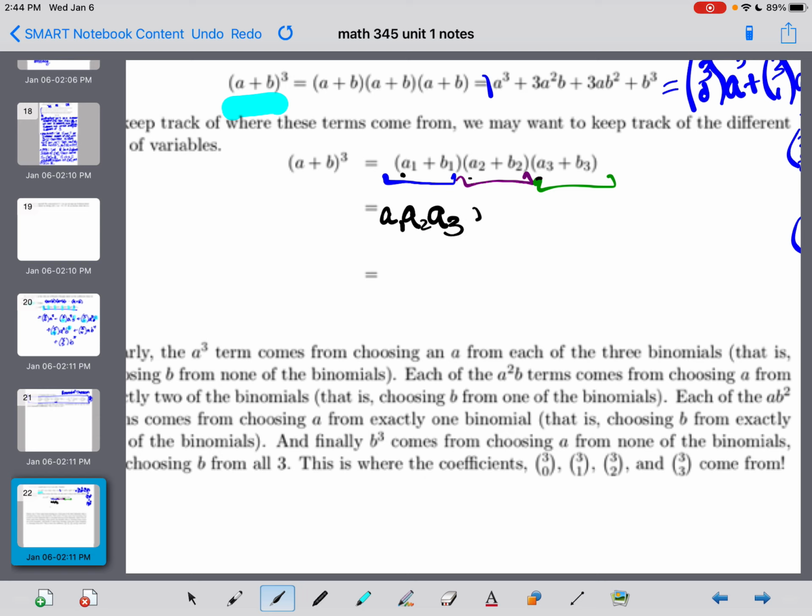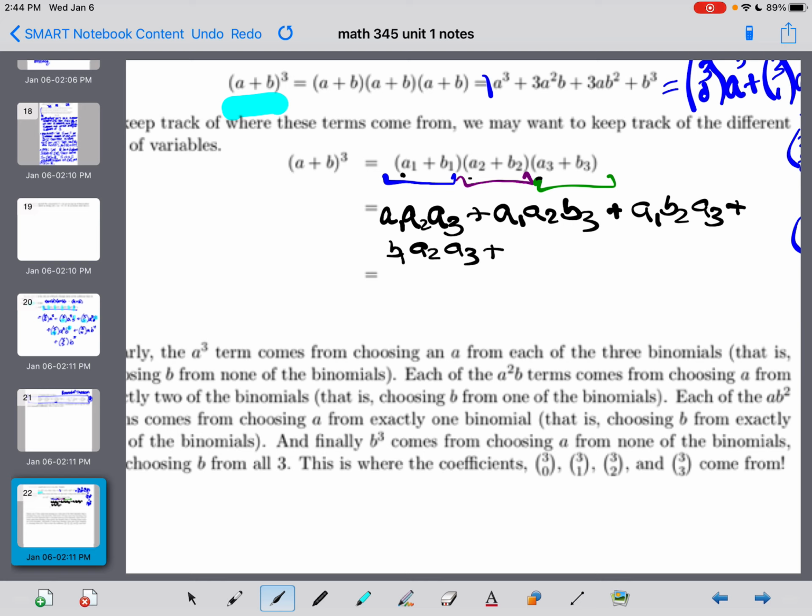But you could also choose a1, a2, and b3. Or you could choose a1, b2, a3. You could choose a's from the first and the third, but a b from the second. Or you could choose b1, a2, a3.